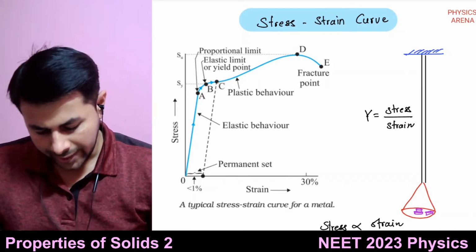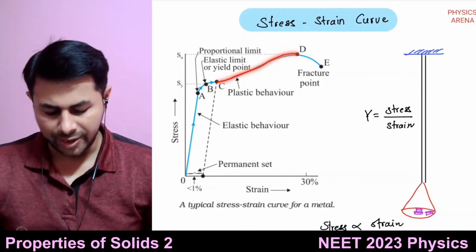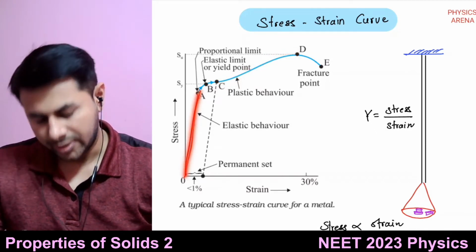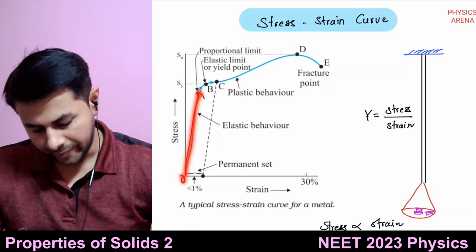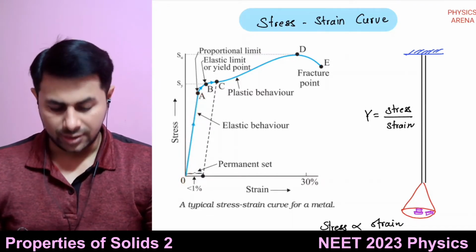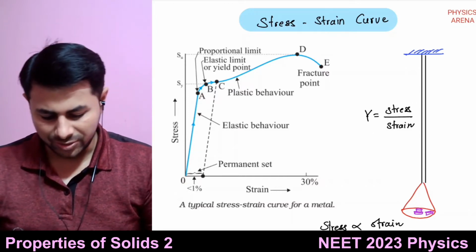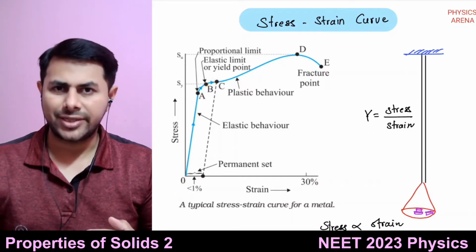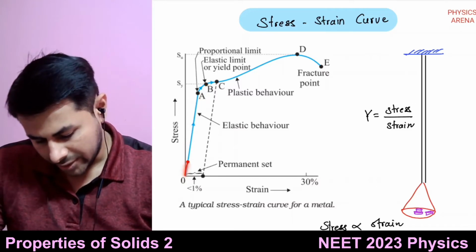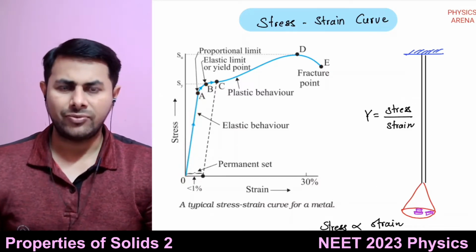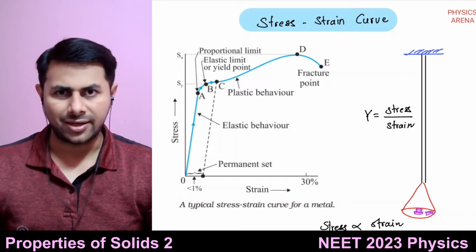And this continues till the point D, but now compared to this region OA, which is the elastic region, very little stress is required. Compared to this region, a little bit more stress is required, but compared to OA, very little stress is required for the same amount of strain.